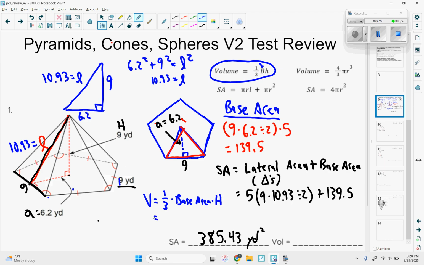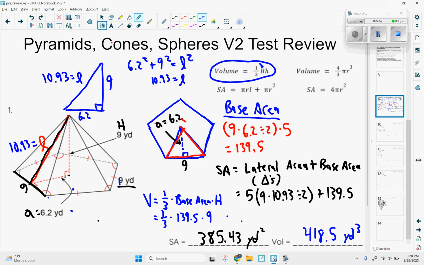So we don't have to do anything other than plug this into our calculator. We're going to take 1/3 of our base area, 139.5, times our true height, which is 9. When we plug that into our calculator, we get about 418.5 yards cubed.